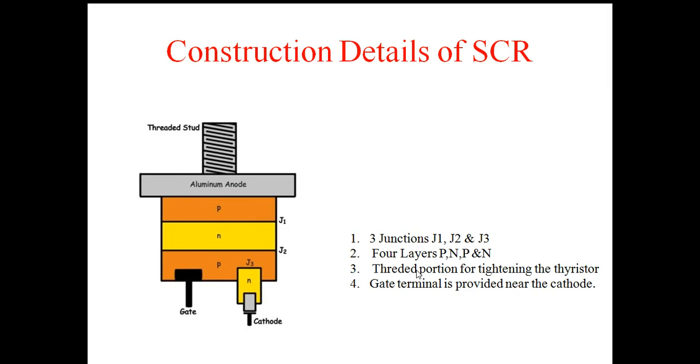Now we are going to see the construction details of the silicon controlled rectifier. As we discussed, it has three terminals: anode, cathode, gate, and three junctions J1, J2, J3, which are formed by alternate P and N type silicon layers.